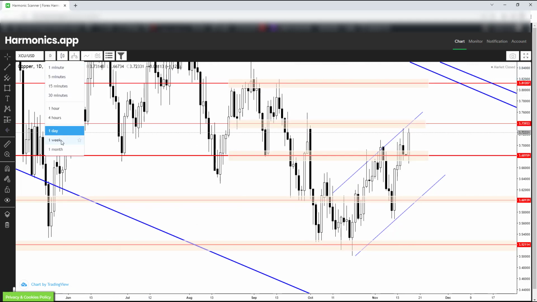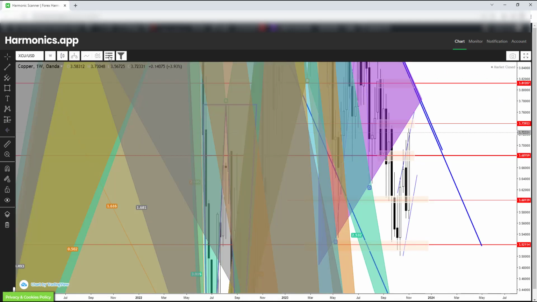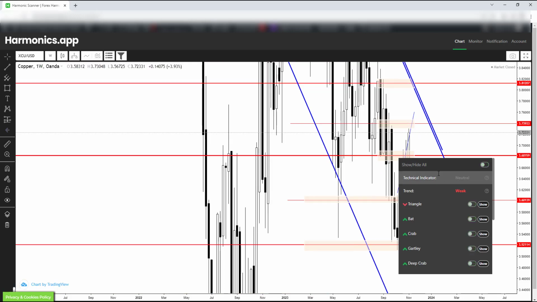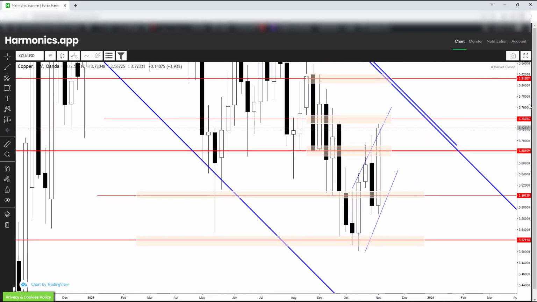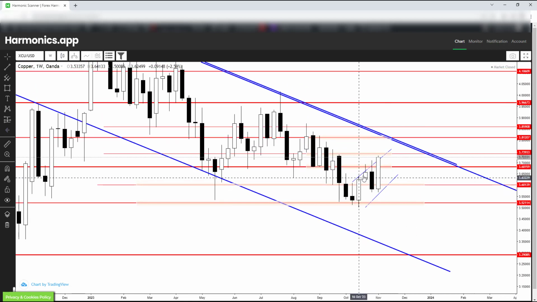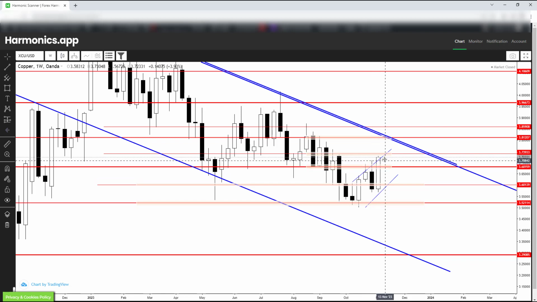If we go to the weekly time frame and see how this looks, we will see that the price is currently in bullish mode, where the price has made a breakout on the weekly time frame with this candle. So where the price could stop on the weekly or next one is above this one here, which is around 3.75.